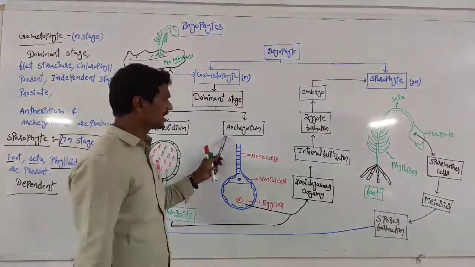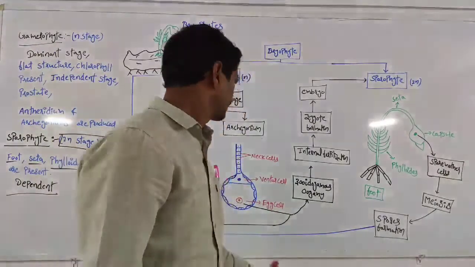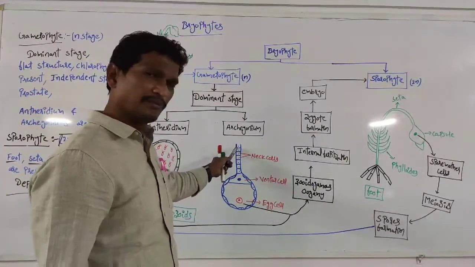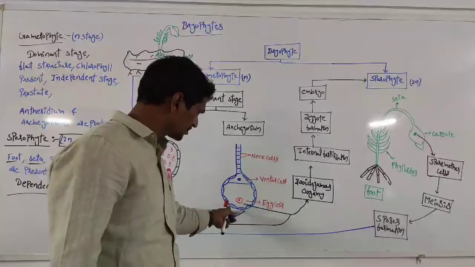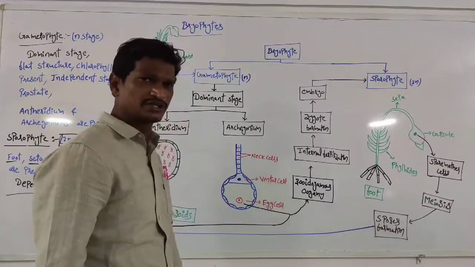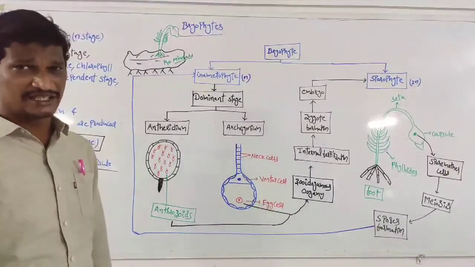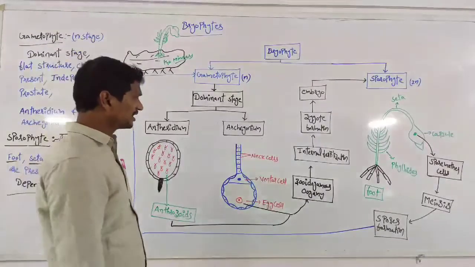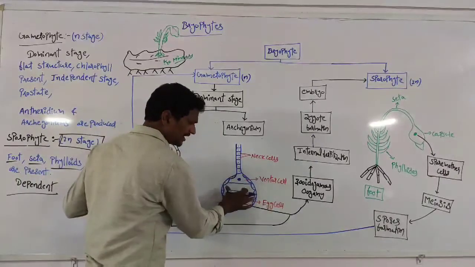And the other one is the archegonium. Within the archegonium, there are specialized multicellular jacketed structures present. That's the reason why these are called archegoniates. The archegonium is the main body structure.